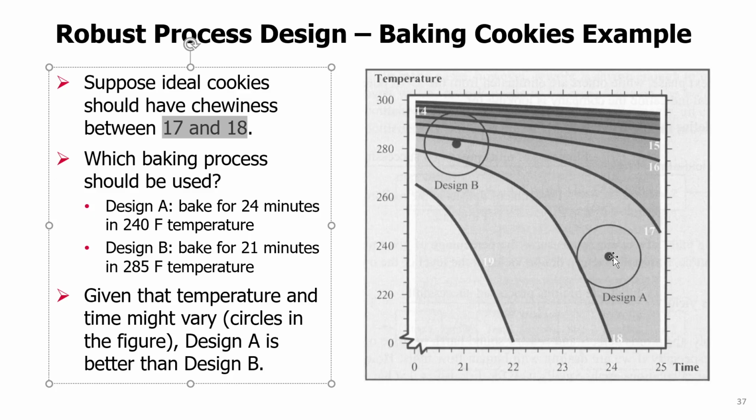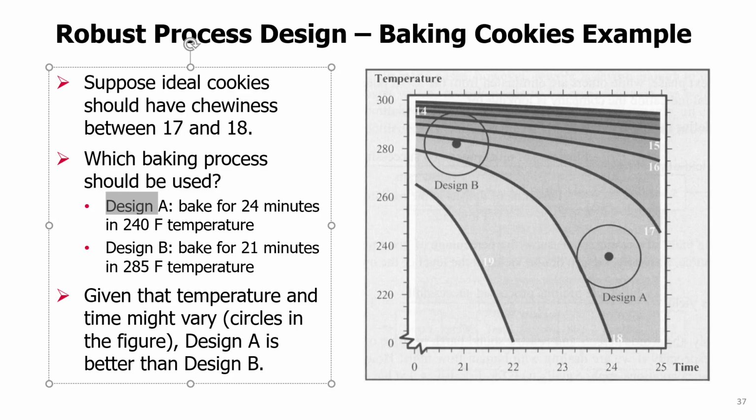We might maybe increase the time a little bit and make it even better, but clearly this picture shows design A is much more robust, given that temperature may vary, and given that, of course, time can also vary, but temperature is especially sensitive here.